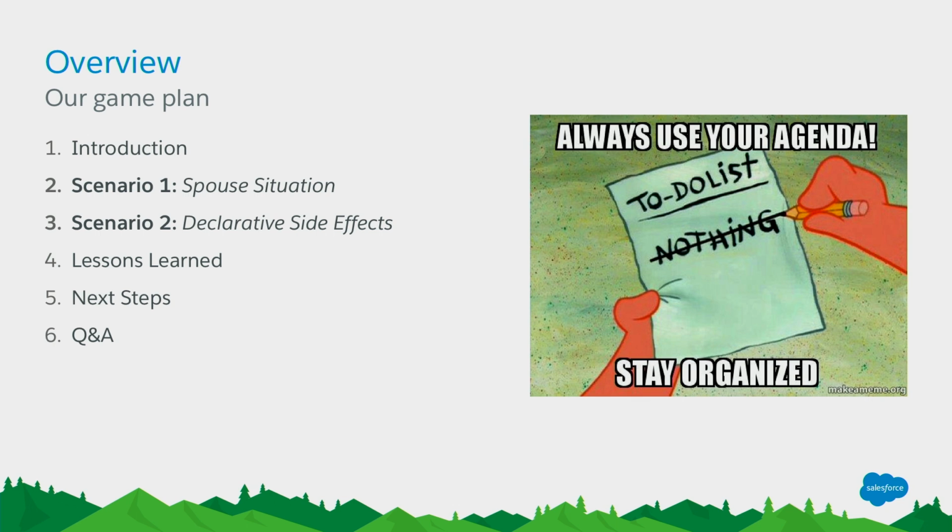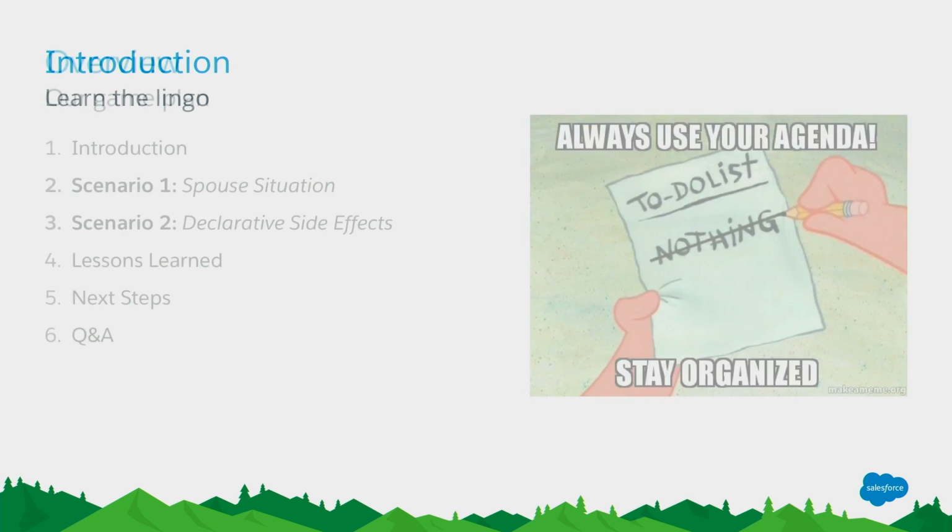The second one will be declarative side effects, so how declarative functionalities can have an impact on your Salesforce triggers. This has already been implemented in an existing Salesforce instance, so I will show you the current state of that. Our fourth point will be lessons learned during the session. Fifth point, next steps. So how can you be proactive and learn more about it? And then Q&A if you guys have any questions.